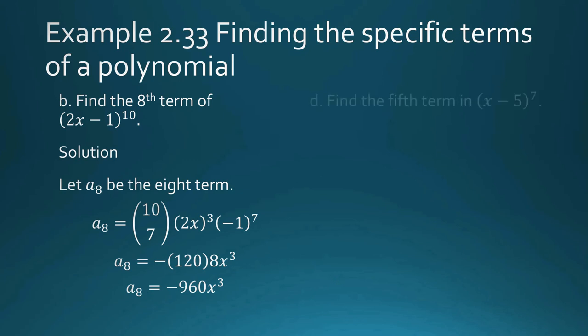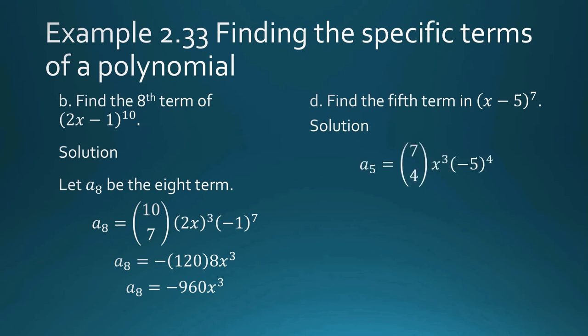Find the fifth term of x minus 5 raised to 7. So our fifth term is 7 taken 4. Okay, so how did this come about? Again, negative 5 raised to 4, that's going to be positive.